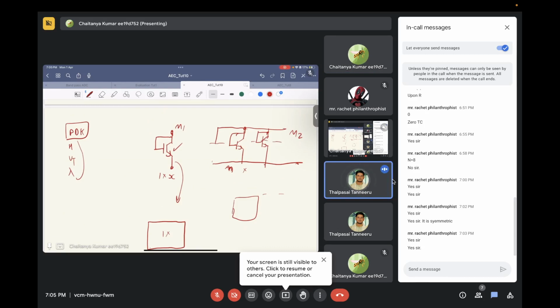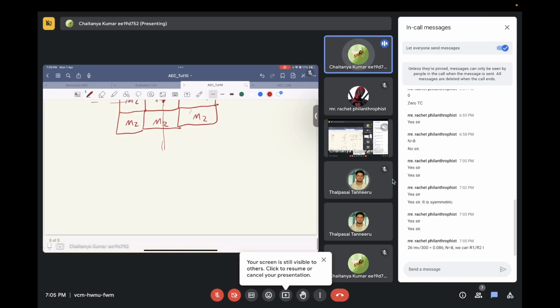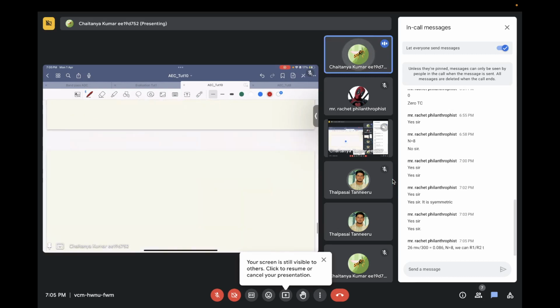Yes, sir. Thanks. Okay. Now, one of the drawbacks with this. Basically, as you mentioned, 26 millivolt by 300 Kelvin, I don't think it's 0, it's 0.086 into 10 to the power minus 3.